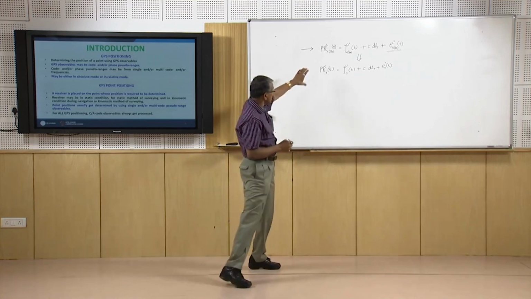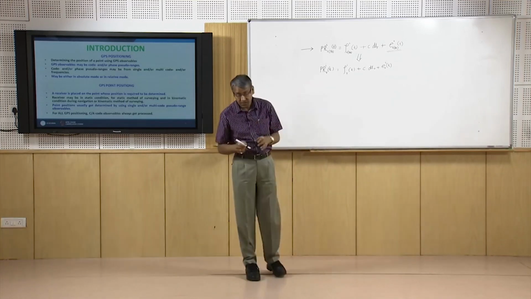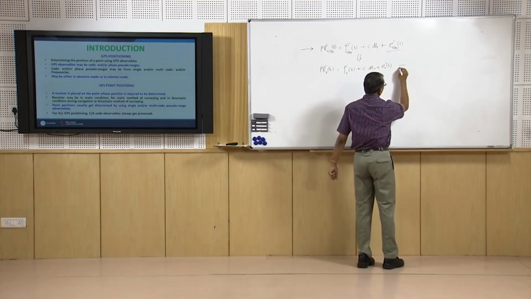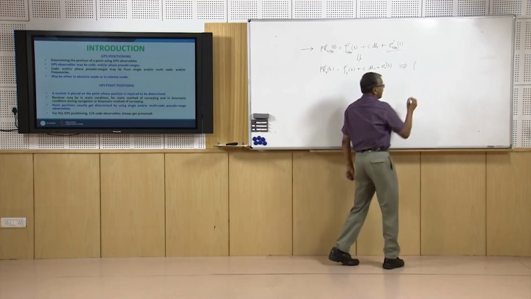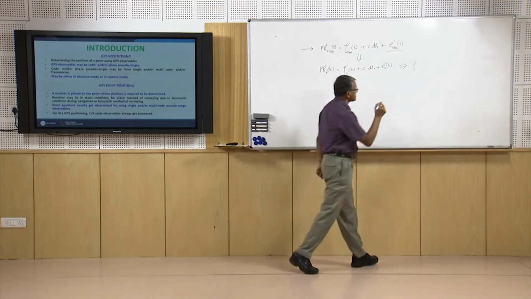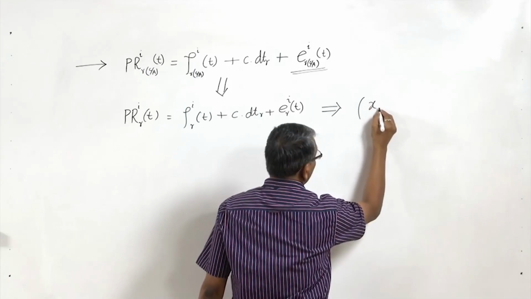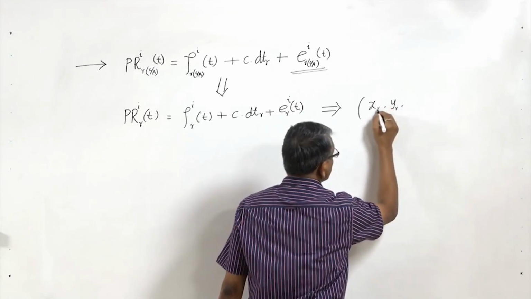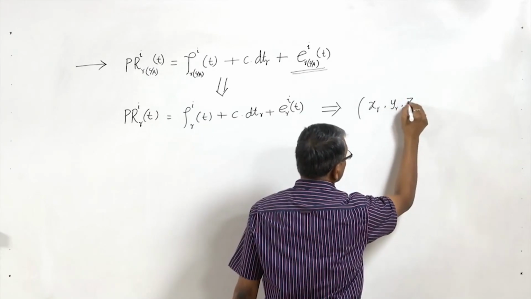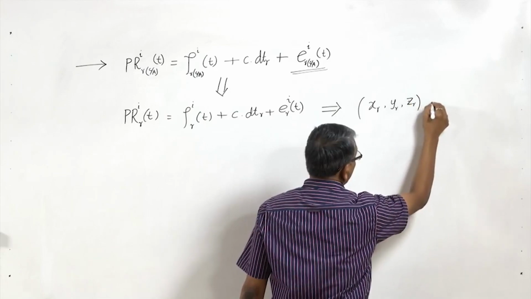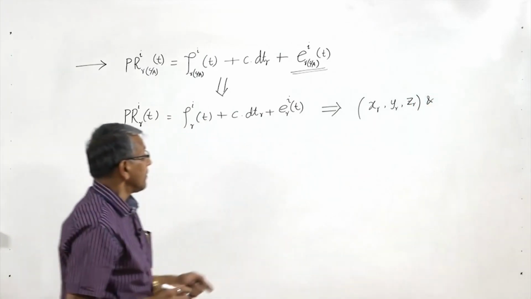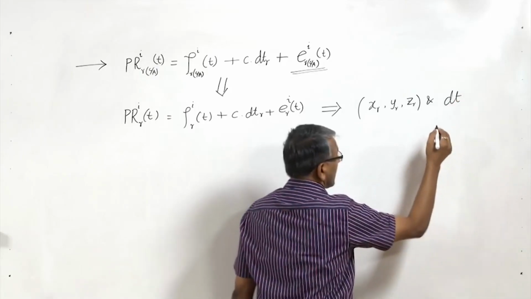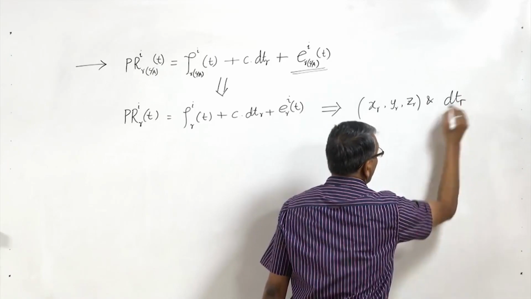Now, this observable has to be processed, and from this we have to determine the position of the receiver. Let us say the position of the receiver is XR, YR, ZR, and the receiver clock error is DTR.